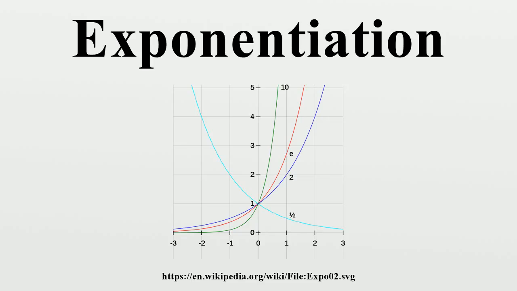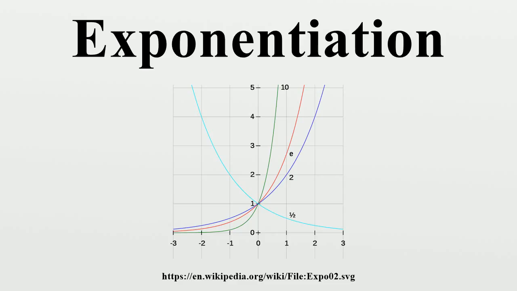Addition and multiplication are associative. For example, (2 plus 3) plus 4 equals 2 plus (3 plus 4) equals 9 and (2 times 3) times 4 equals 2 times (3 times 4) equals 24, but 2 to the 3 to the 4 is 8 to the 4, whereas 2 to the 3 to the 4 is 2 to the 81.